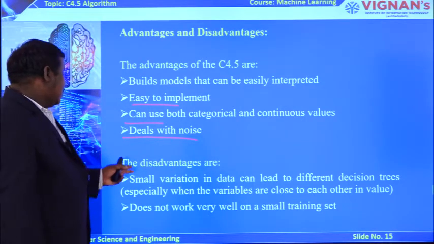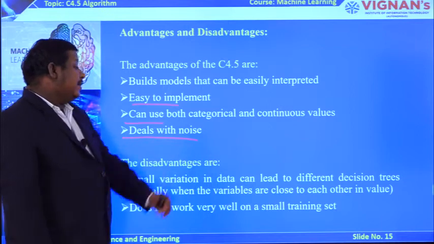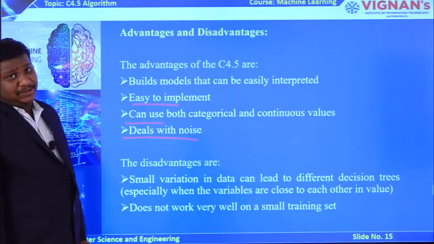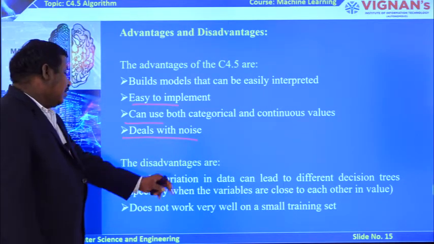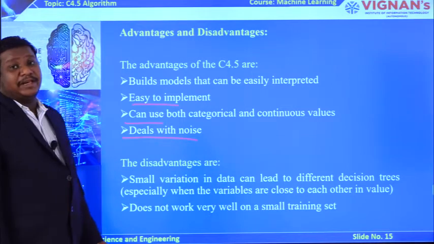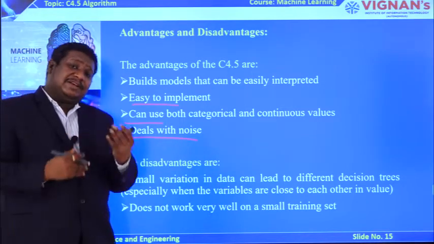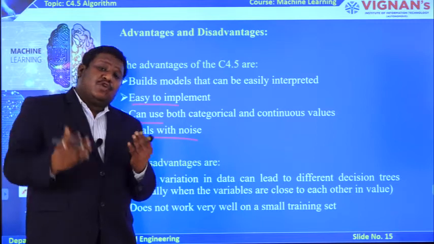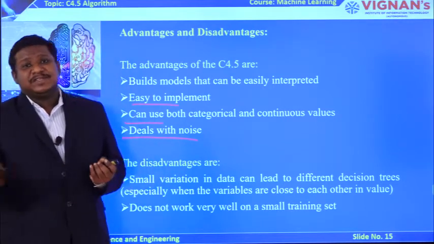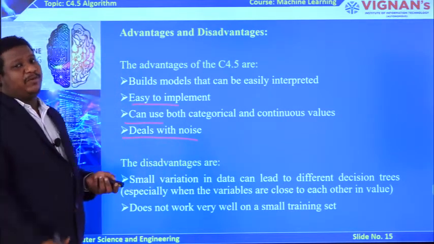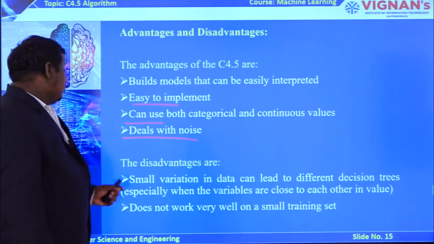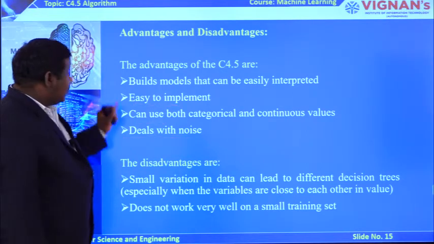Similarly, the disadvantages are that small variation in data can lead to different decision trees, and it does not work very well on a small training set, because when we are selecting the attribute values, you need to go for a larger number of attribute values so that you can have a better output. So, these are some of the advantages and disadvantages.